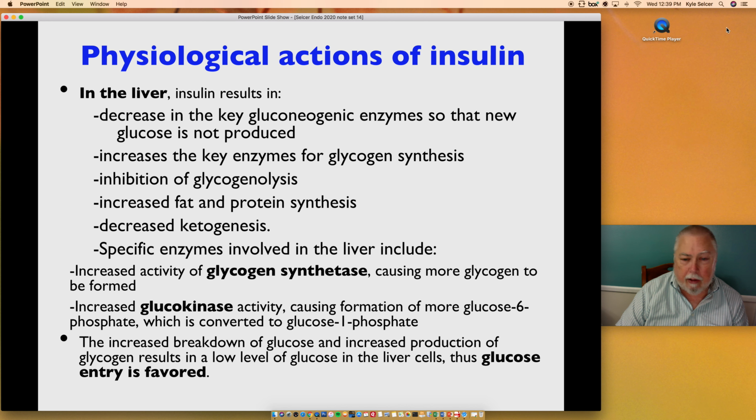The increased breakdown of glucose and increased production of glycogen results in a low level of glucose in the liver cells. If you're taking the glucose and making it glycogen, or you're phosphorylating it, from the diffusion side of things, that creates a low level of glucose within the hepatocyte, and so more glucose comes in through the glucose transporters by passive diffusion.